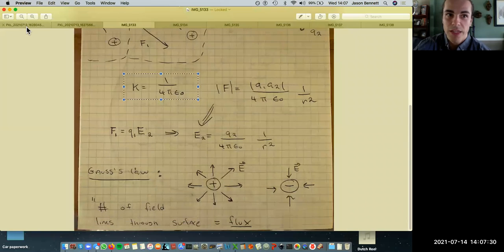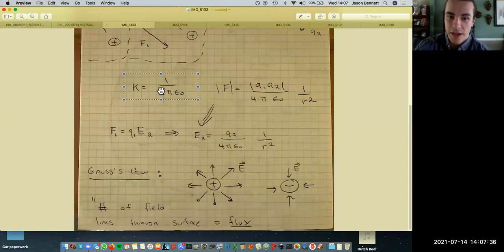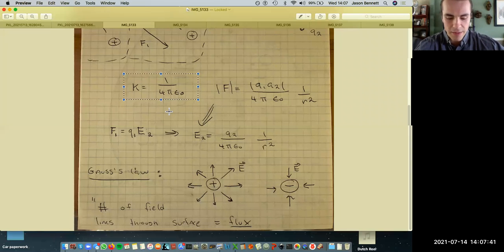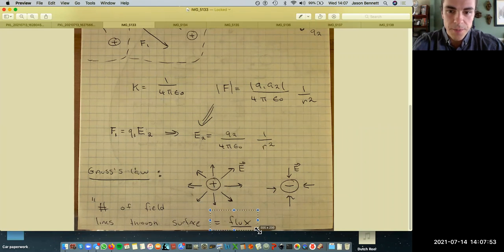Whenever you see a circle, a sphere, or a cylinder like this, always use Gauss's law, because you'll see in a second once I explain what it is, it's very conducive to solving problems when there's symmetry around. So the first thing I want to introduce is this concept called flux.